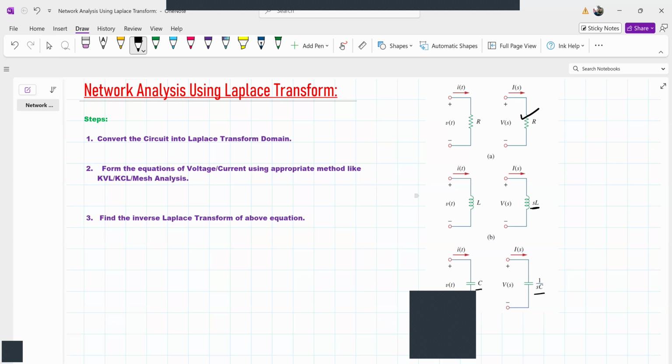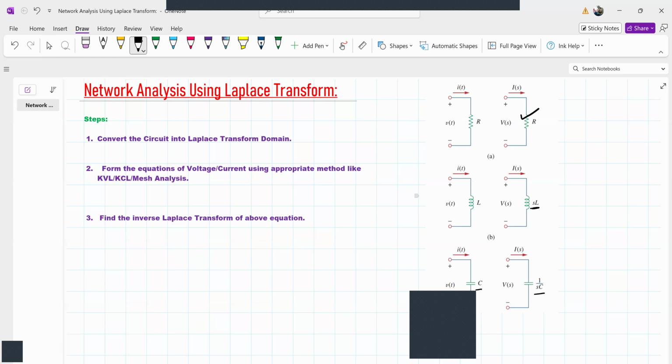So the first step is writing the circuit in the Laplace transform domain. The second step is to find the equation of the voltage or current that is needed in the circuit.